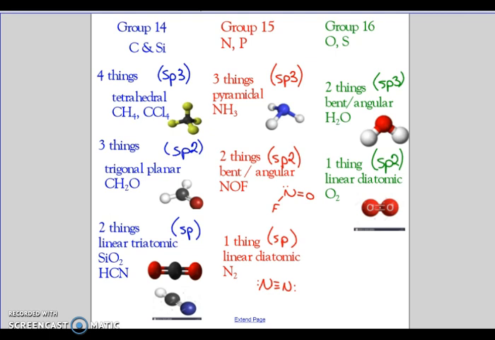If a group 14 element is attached to 3, it's going to be trigonal planar. And if a group 14 element is attached to 2 things, it's going to be linear triatomic, which may or may not tell you the symmetry, but it tells you the shape. Similarly, group 15 and group 16 elements, 3 things, 2 things, 1 thing, or 2 things and 1 thing.